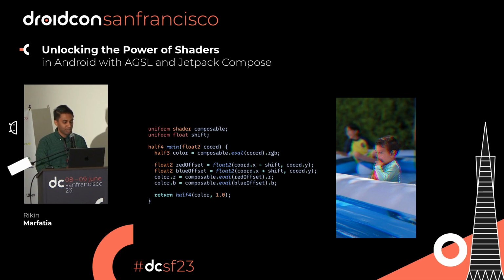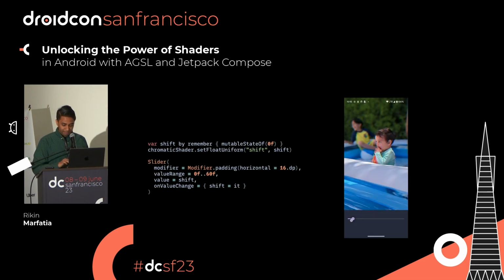So I just move the shift up as a uniform. And then in our compose code, we can just pass in that value however we want. In this case, I am just rigging it up to a slider here. I created the shift state, I'm passing that into our shader, and I'm having that slider help control the values.